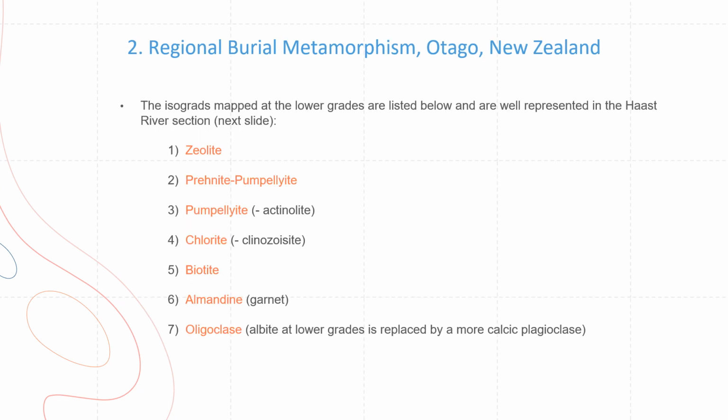So in this particular region, the isograds mapped at lower grades are listed as follows. So we have different minerals compared to our Barrovian sequence because these are even lower grades. So we have zeolite, prehnite, pumpellyite, chlorite, biotite, almandine, and oligoclase.